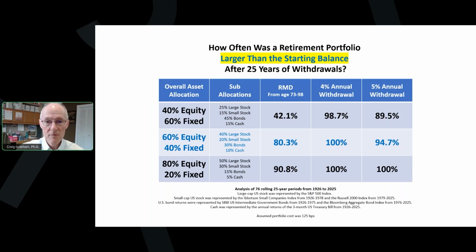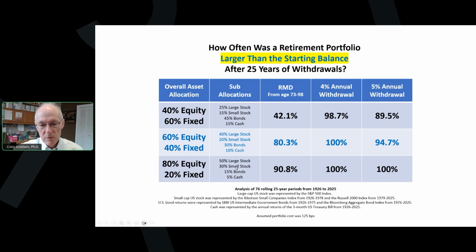It could be 100,000, 500,000, a million. It doesn't matter because these are percentage-based withdrawals. The only thing that matters in terms of the size of the portfolio, how many dollars are in it to start with, well, that will obviously determine how much money you withdraw. But we're talking here about the rate of success in the portfolio growing larger over time.